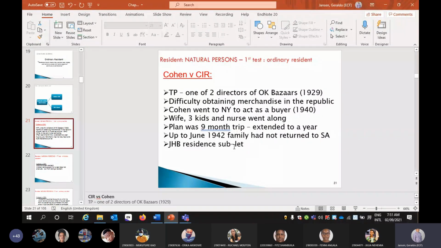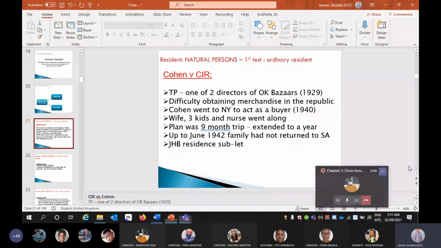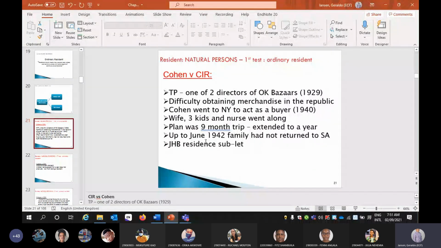Let's continue. So yes, guys, the issue was the Johannesburg rental income for the house that they leased to tenants. Now, what was found in this court case was that Mr. Cohen is a resident for tax purposes.